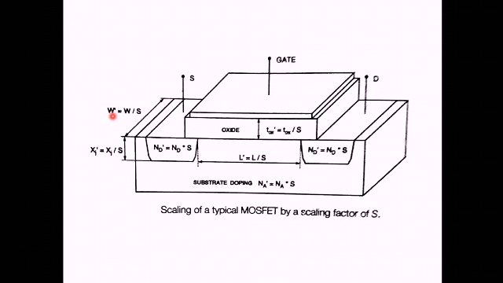Now, you can see the primary quantities in this figure indicate the scaled dimensions and the doping densities. It is easy to recognize that the scaling of all the dimensions by a factor of S greater than 1 leads to a reduction of the area occupied by the transistor by a factor of S square.